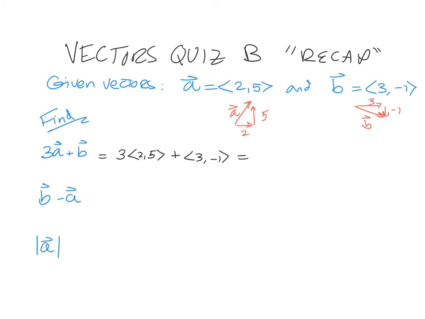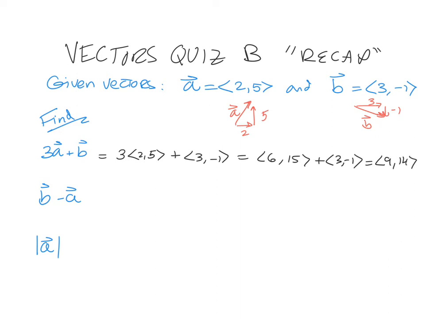If I multiply the 3 into that first vector, it's going to increase its size by a factor of 3. So that'll become, in component form, 6 comma 15, and we're going to add to that 3 comma negative 1. And now we just add like components. So 3 and 6 are 9. 15 and negative 1 is 14.